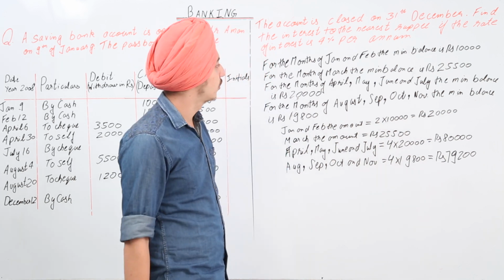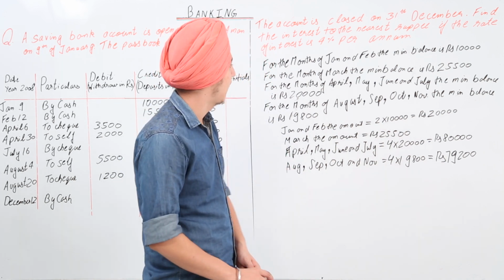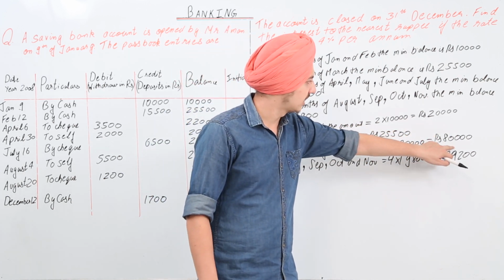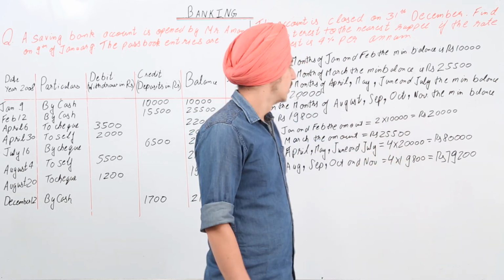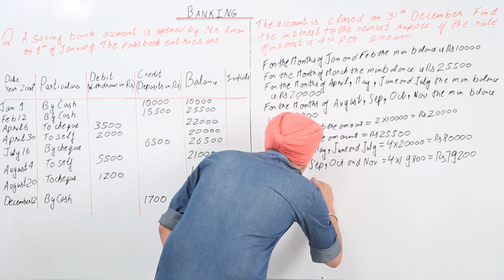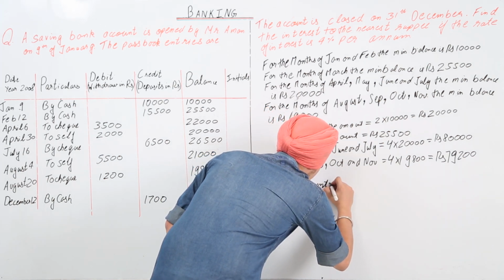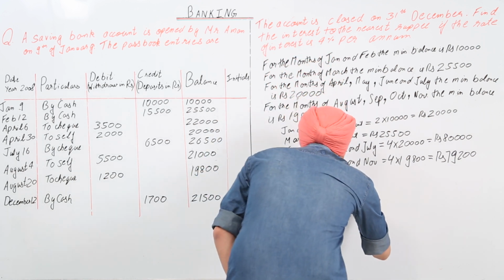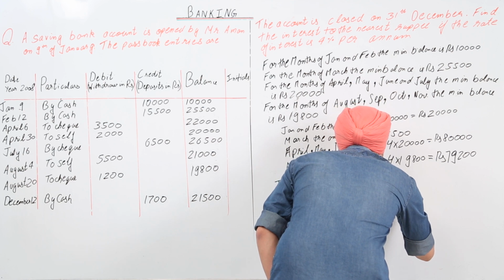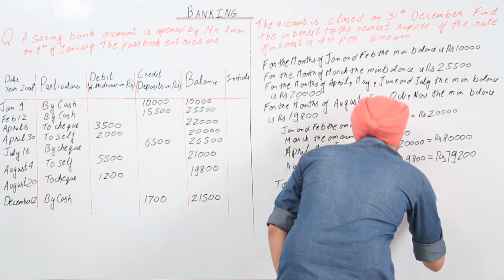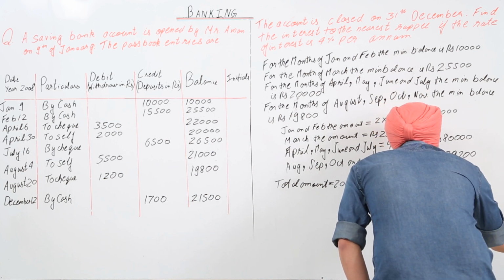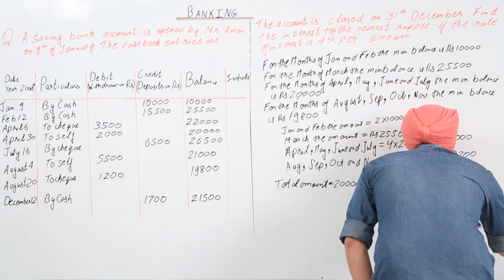So how do we calculate the total amount? The total amount is calculated by adding 20,000 rupees with 25,500 with 80,000 with 79,200. So the total amount is equal to 20,000 plus 25,500 plus 80,000 plus 79,200.